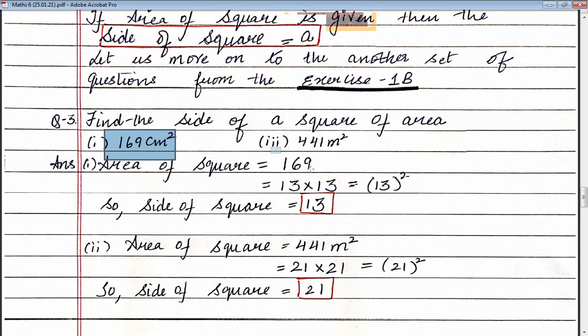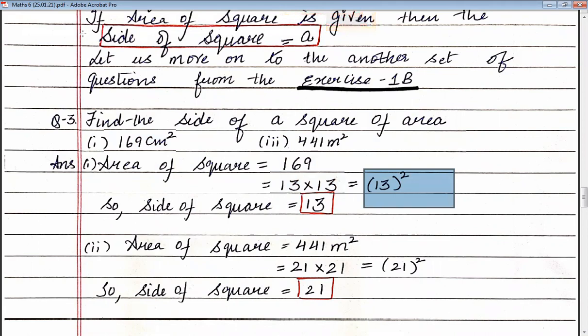Now children, I told you, you have to write this 169 in the form of numbers. So 169 can be written as 13 multiply 13. Further, 13 into 13 can be written as 13 square.